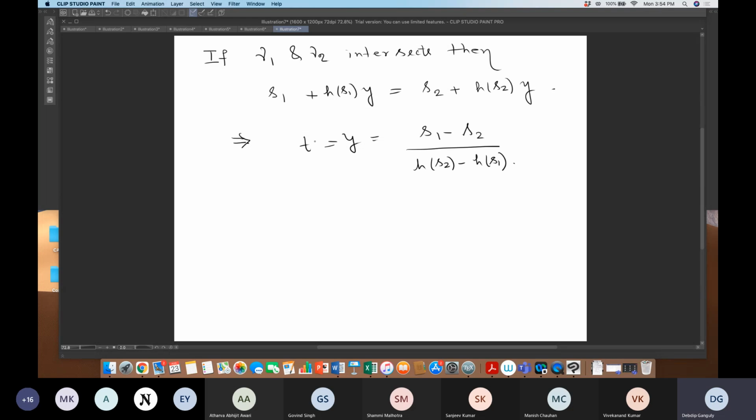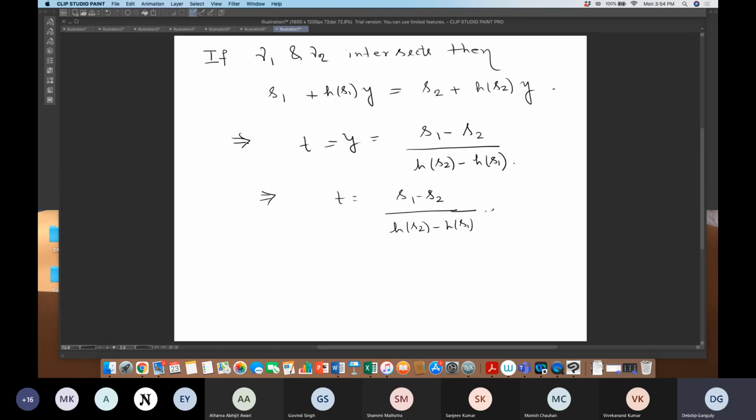We know already that y equals t, so t equals S1 minus S2 by h of S2 minus h of S1.